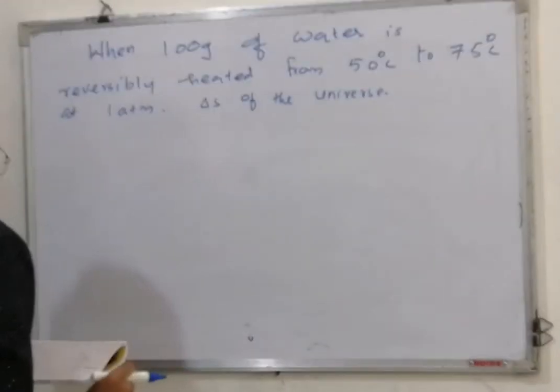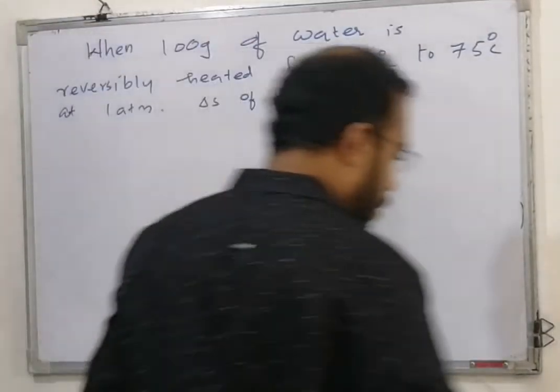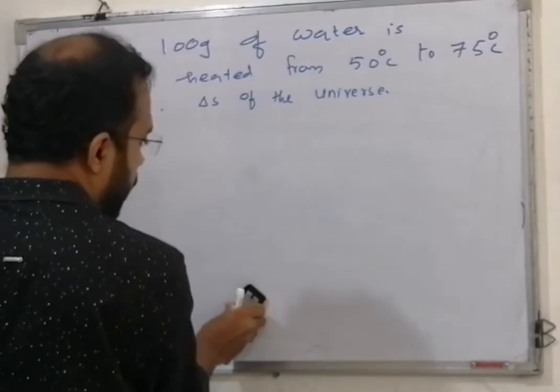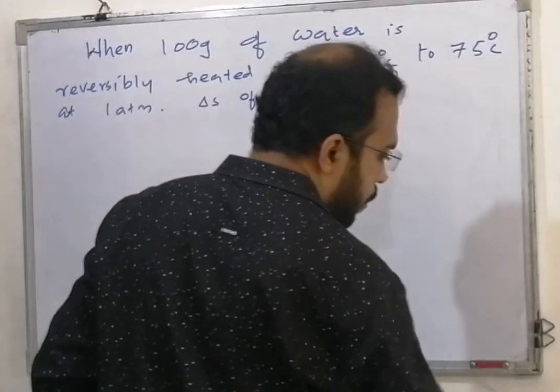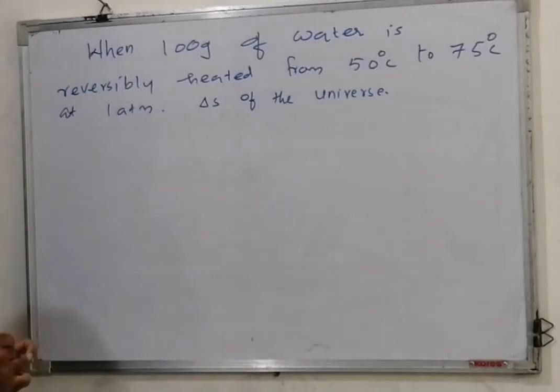Change in entropy of the universe, not the system. That's a very important question. Whatever value you got for the system, the opposite value will be that of the surroundings. Okay, we will solve that question.